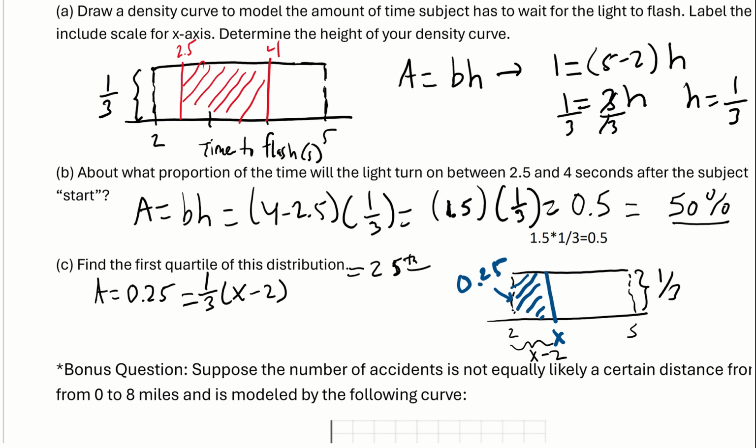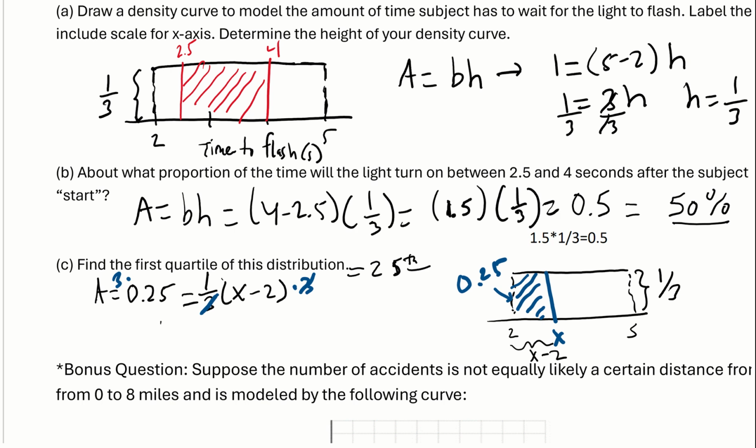Okay, and that's what we got. And so now we've got to solve it. So we could distribute the 1/3 and get 0.25 equals 1/3 x minus 2/3. Actually, what I'm going to do is get rid of the 1/3. Instead of distributing it, I'm going to multiply by 3 on both sides, and that's going to cancel this out.